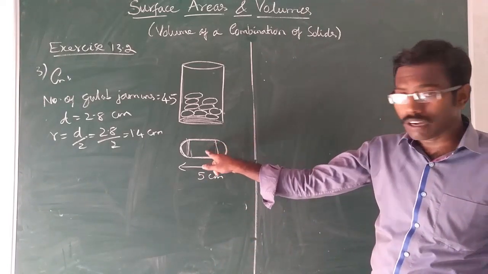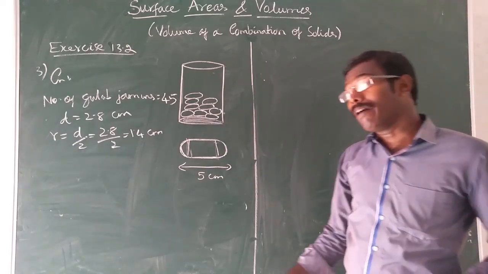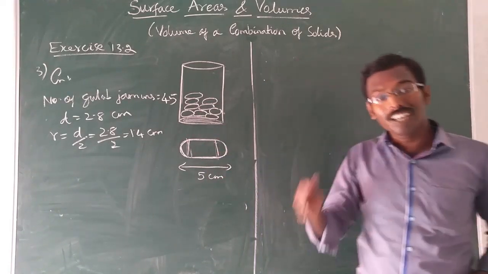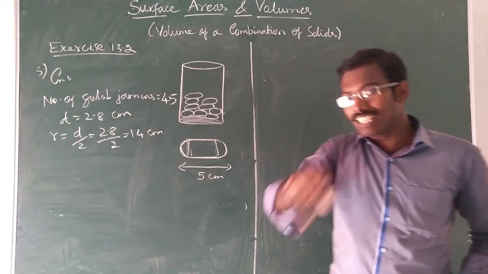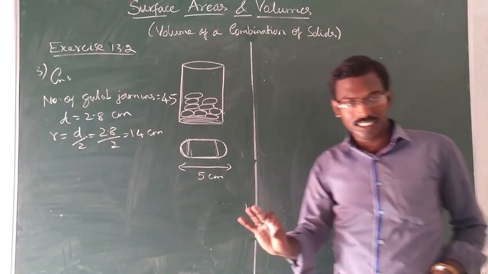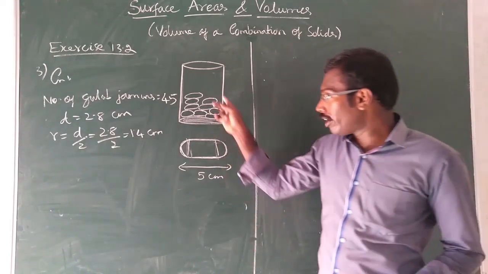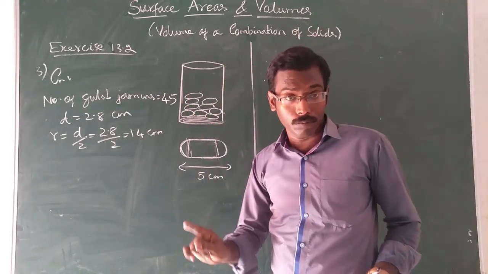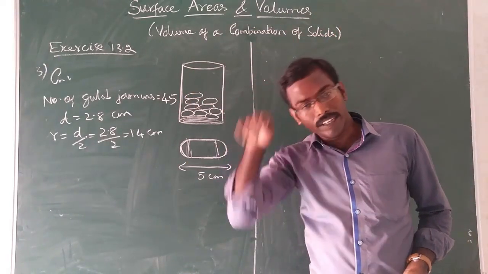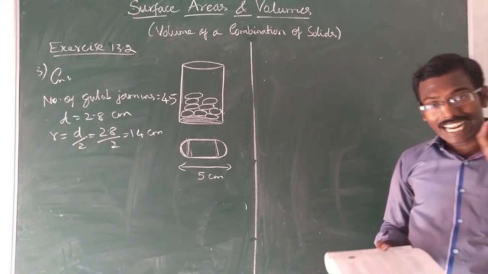First, you find the volume of one gulab jamun. Then multiply it by 45. Because you have to consider approximately, so you have to consider all the gulab jamuns are of same size. Okay, so first find the volume of one gulab jamun, then multiply it by 45. Understood? Okay, you will get an answer.